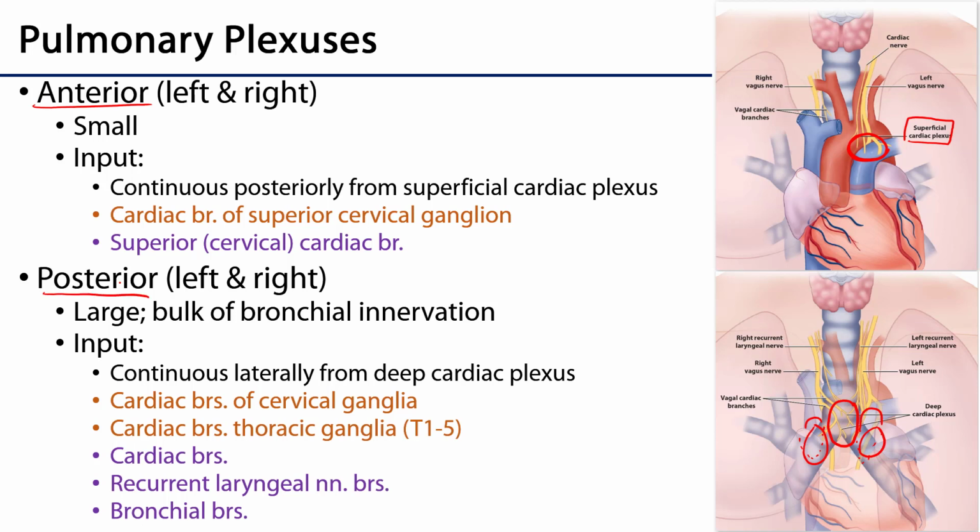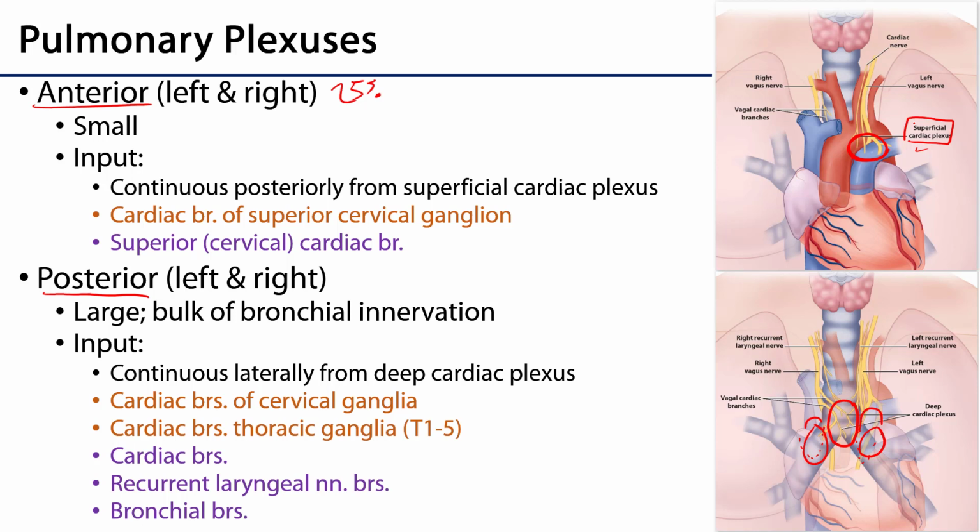The anterior plexuses are very small. They account for possibly about 25% of the total innervation of the pulmonary plexus. They're absolutely contiguous with that superficial cardiac plexus, so all of the inputs for that plexus are going to be the same inputs for those anterior plexuses.